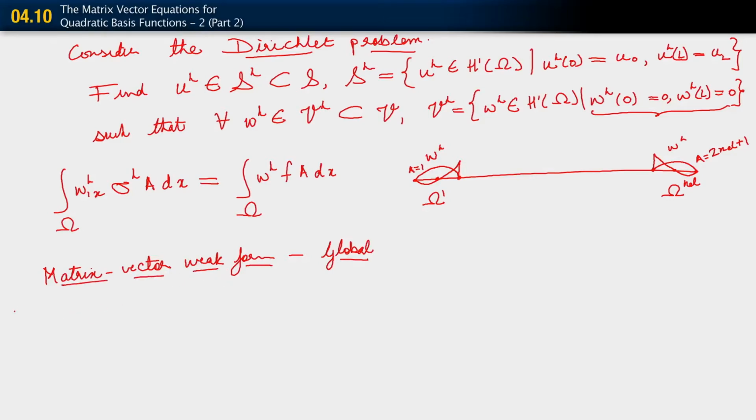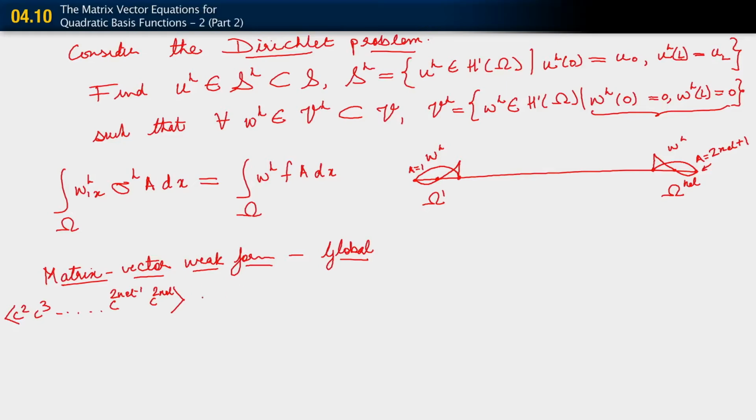Here it is. We'll get here C2, C3, everything carries on until we come to the last element. We get C_{2NEL-1}, C_{2NEL}. That's it. We don't get C_{2NEL+1} because we're simply not using that basis function there.